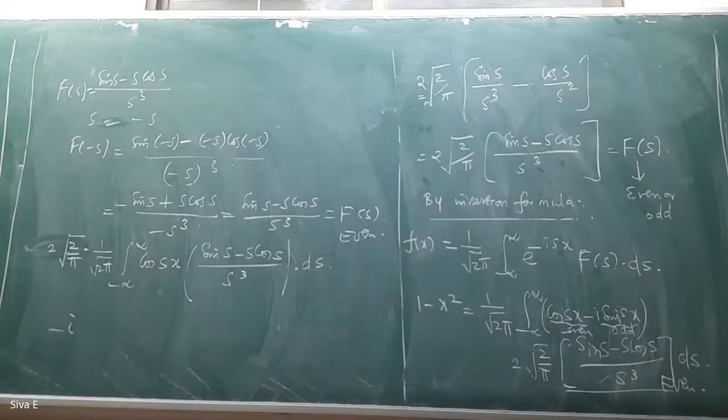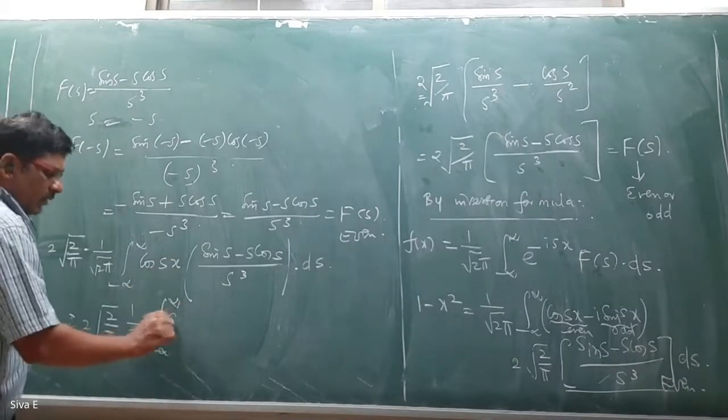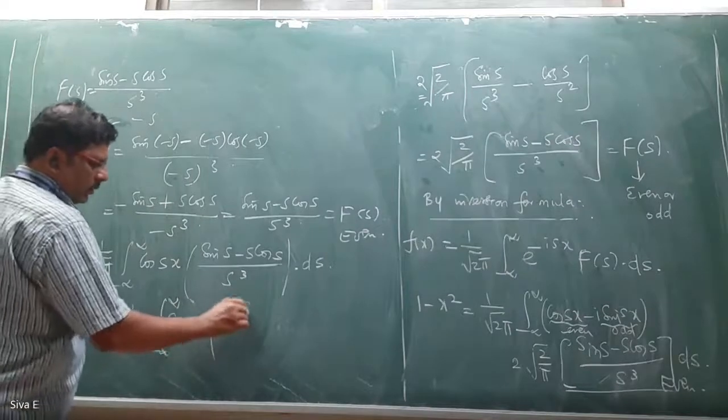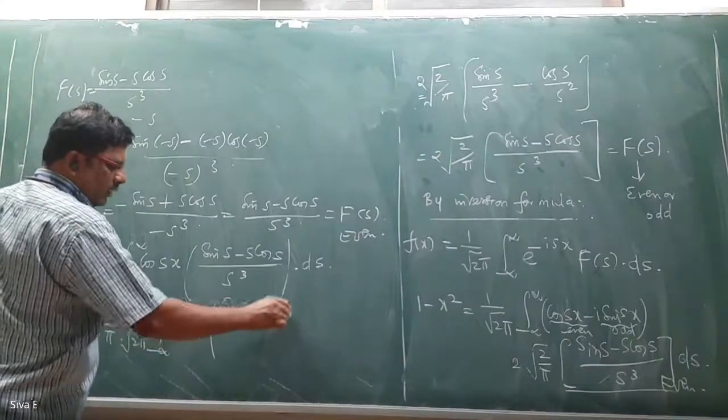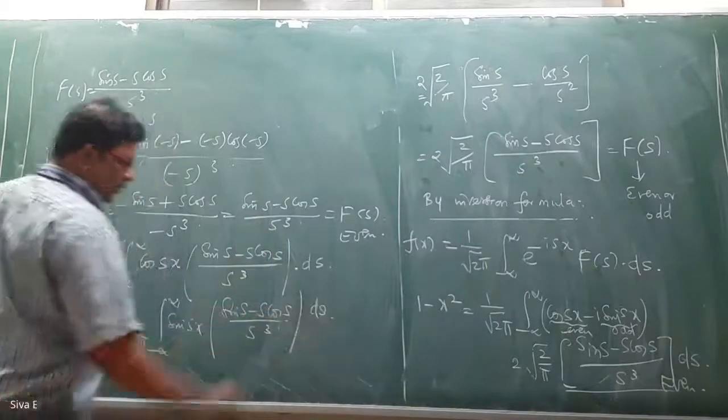So 1 by root 2 pi, here also we have to write 2 root 2 by pi. 1 by root 2 pi, integral from minus infinity to plus infinity, sin sx, (sin s minus s cos s) by s cube, ds.